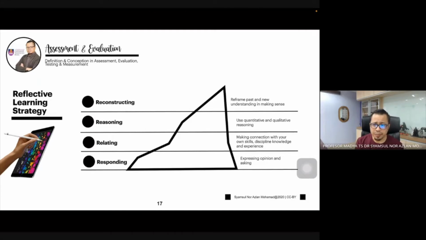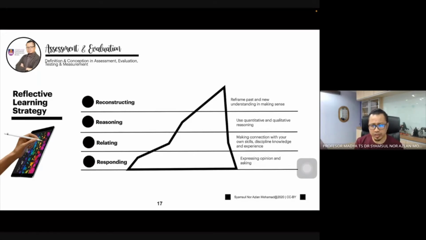So making sense in teaching and learning is really important, because you need to put belief into the students, and the students need to believe the content that you deliver to them. Responding, relating, reasoning, and reconstructing cannot be nurtured in one day. You need to nurture this by process.